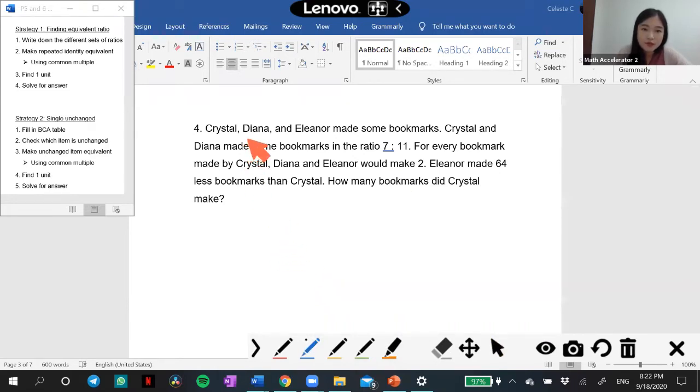Okay, you have Crystal, Diana, and Eleanor, right? They made some bookmarks. Crystal and Diana made some bookmarks in the ratio 7:11. Okay, Crystal, Diana. For every bookmark made by Crystal, Diana and Eleanor would make 2.